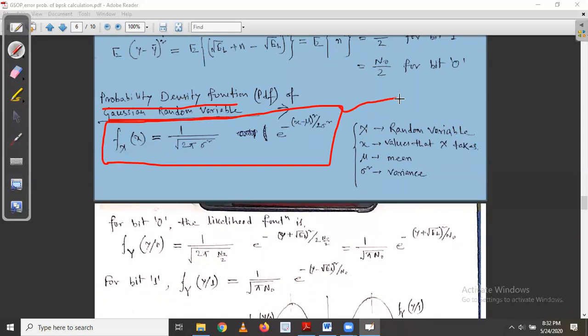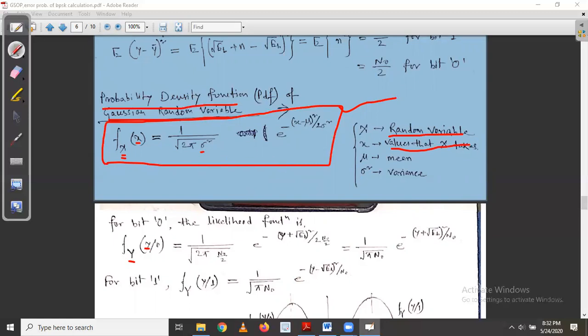Here f of capital X, which is the random variable, in our case will be the observation, capital Y, and small x will be small y. The capital letter is the random variable and the small letter is the values that capital X takes.